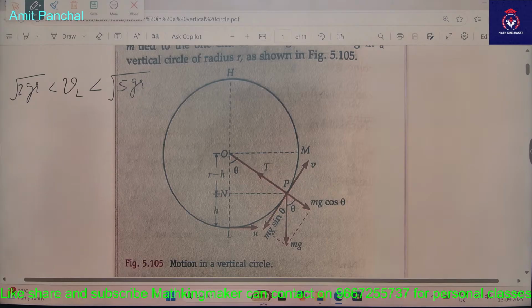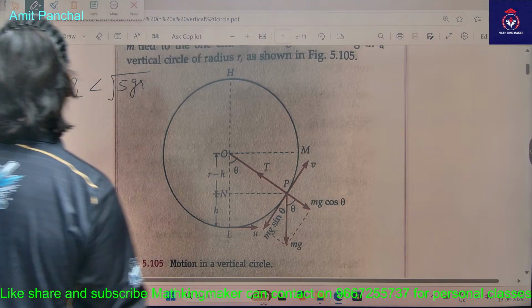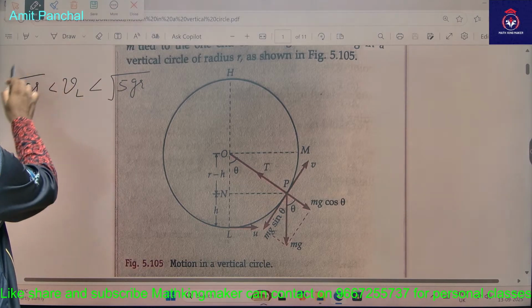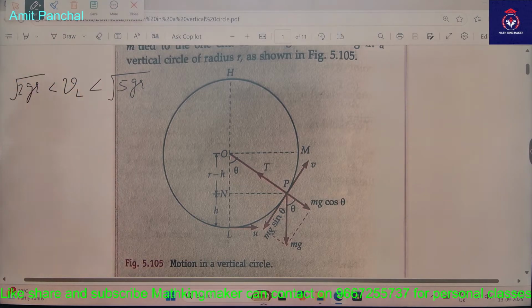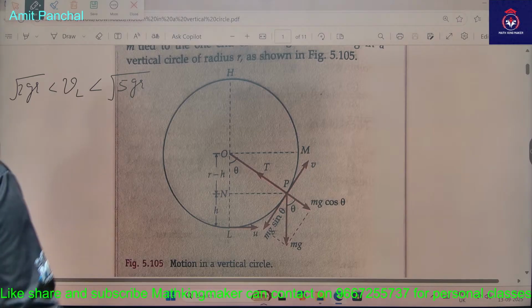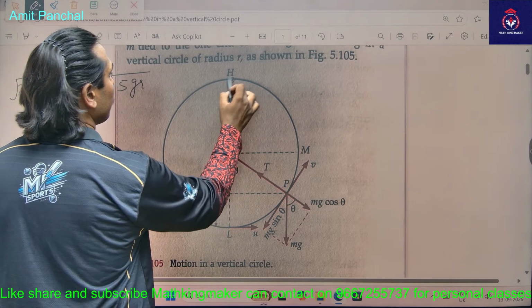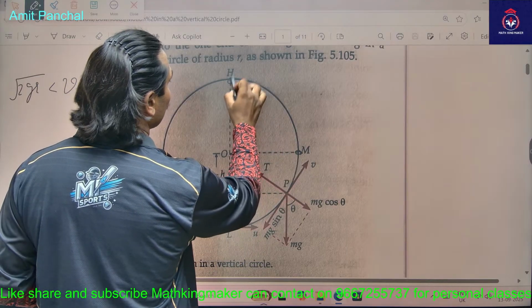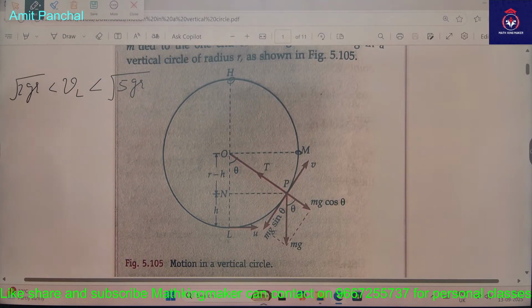It will leave the circle if VL is greater than root 2gr but lesser than root 5gr. It will cross h but will leave the circle between h and m.